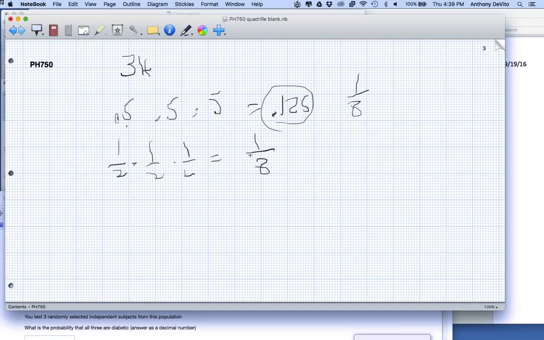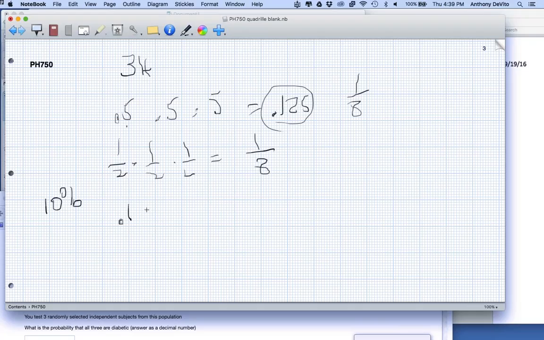It's the multiplication rule. I can just multiply. Let's say I had a population where 10% of the population was diabetic. What's the probability that 1 person is diabetic if the prevalence is 10%? 0.1, 1 out of 10, 10%, not 1%. Now, what if I randomly selected 2 people from that population?